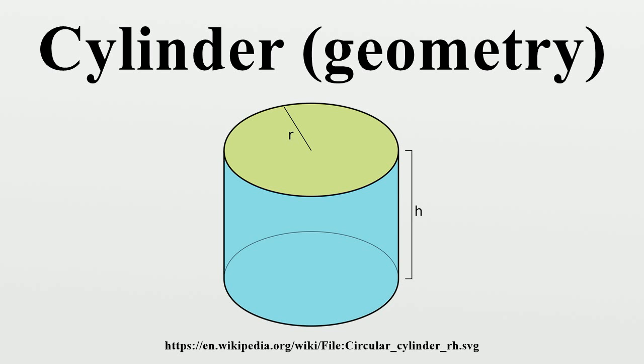V equals pi r²h. Having a right circular cylinder with a height h units and a base of radius r units with the coordinate axes chosen so that the origin is at the center of one base and the height is measured along the positive x-axis.